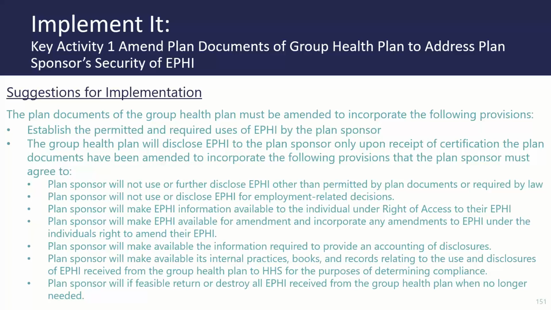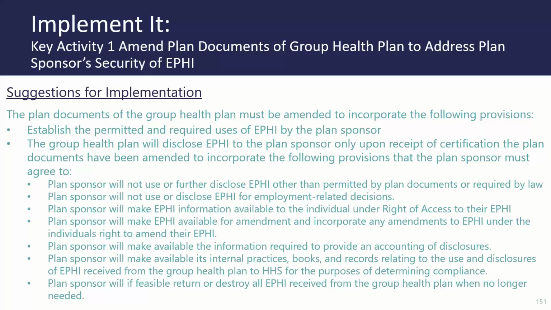However, if you request more of a breakdown and you request information that regards the individual, then you also have to have in your plan document, and you have to give that fully insured plan carrier, assurances that you will not use or further disclose the information that you receive in a manner that is not protected by HIPAA, that you will make the information available to the individual under the rights to access, as we talked about in the privacy training, that you will incorporate any amendments that the individual has under their rights.